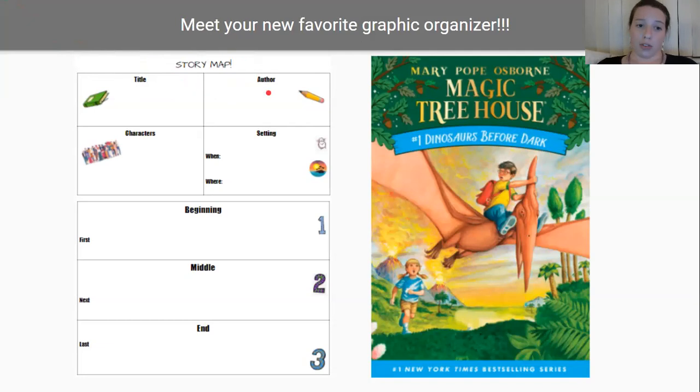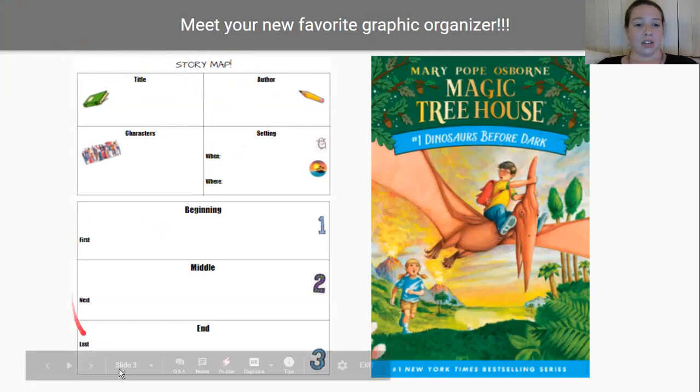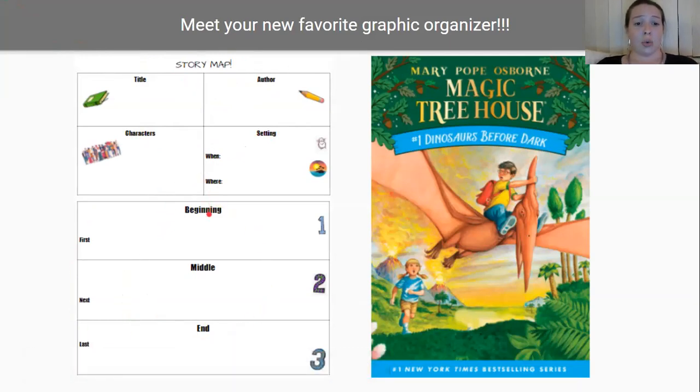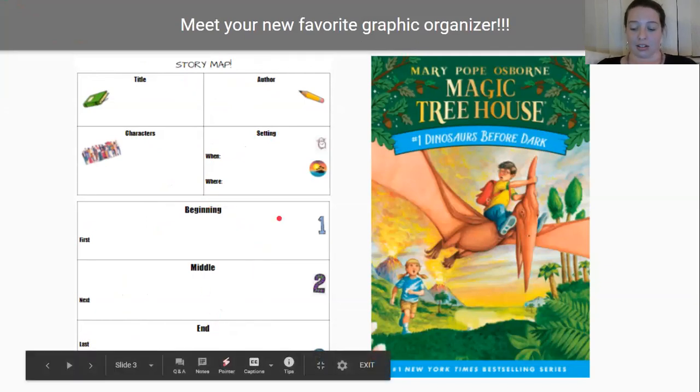Author, whoever is writing the book. It also has characters, setting, when and where, a little foreshadowing for what's about to come up. And then down here, these are going to be the events in your story, what happens in the beginning, in the middle, and again at the end.